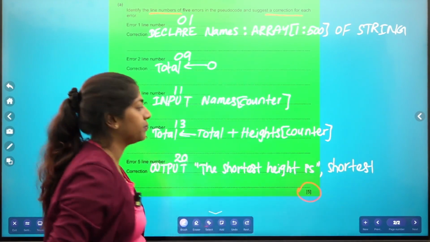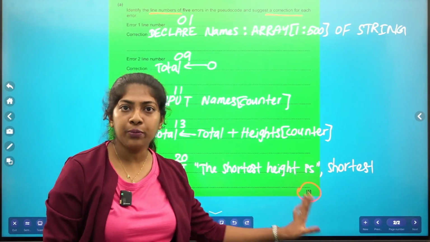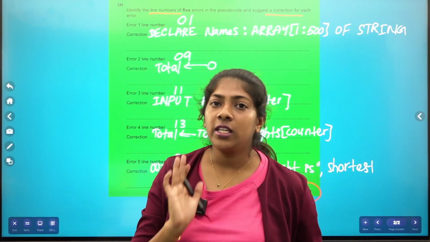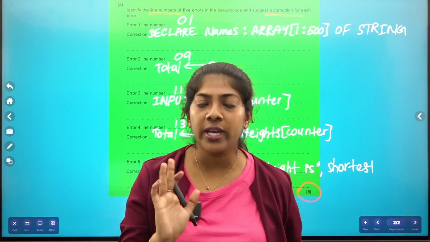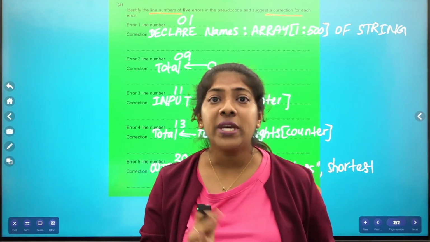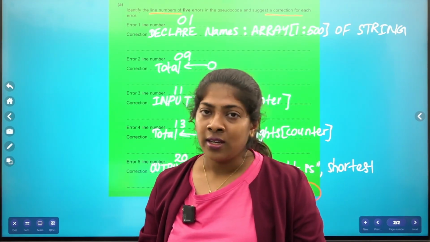Got it? You have secured all 5 marks. It's really easy, and in each of these questions you can secure all 5 marks if you have properly learned the basics of pseudocode, or basics of programming.